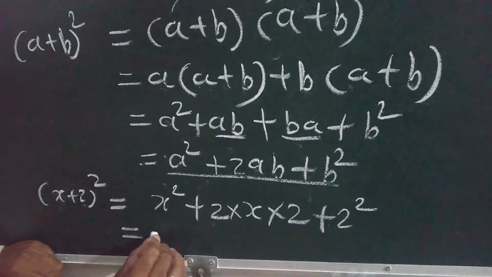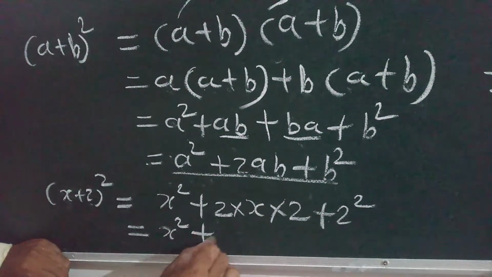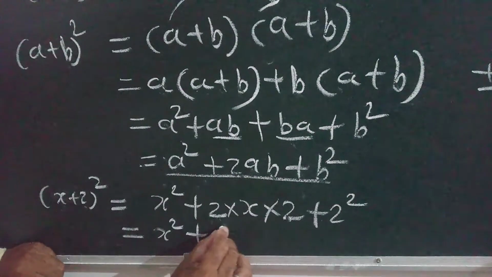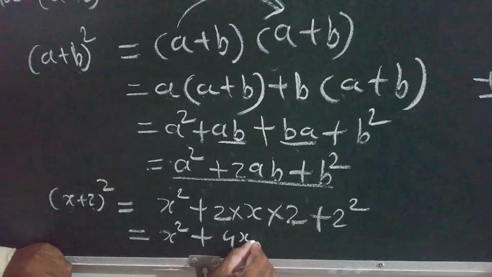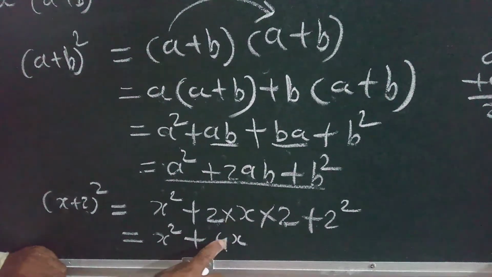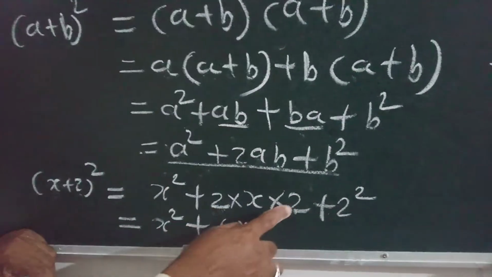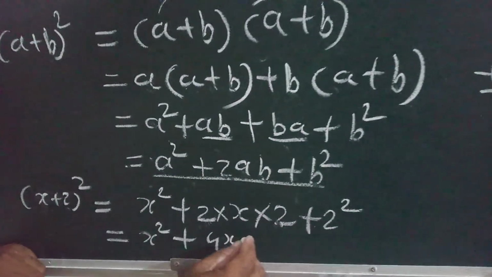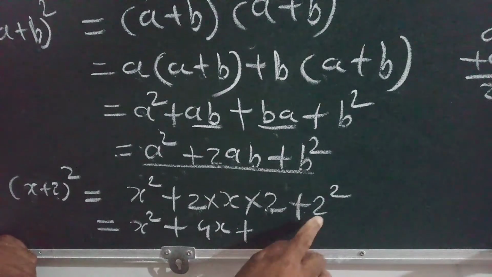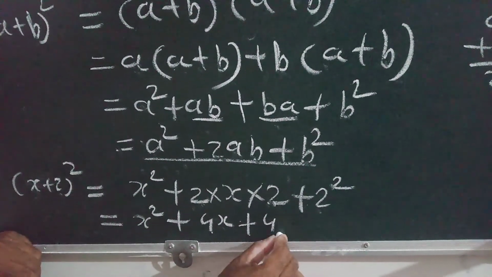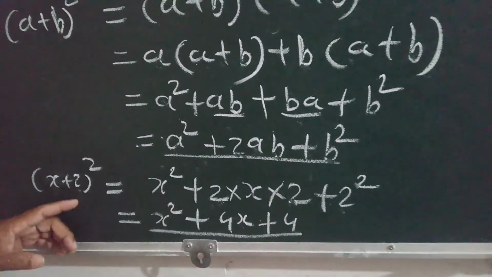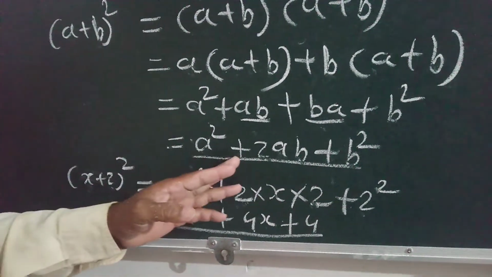So we get the answer x square plus 2 into 2, 4x, because we must multiply the number first, then the algebraic term, and the last term is 2 square, which means 4. This is the answer. We can solve this type of example using this formula.